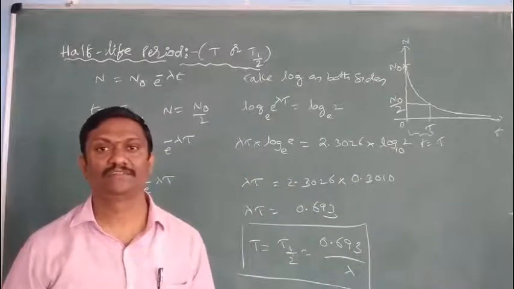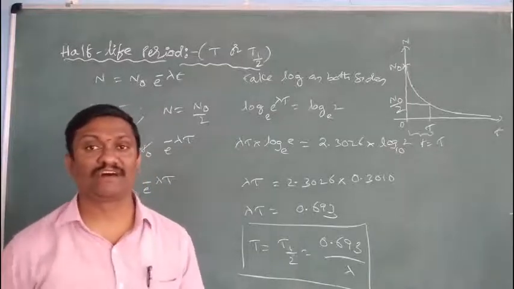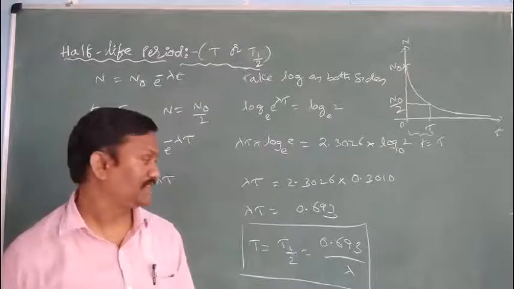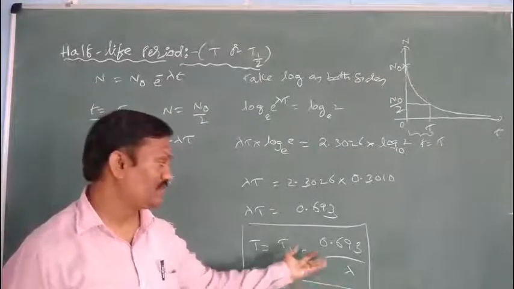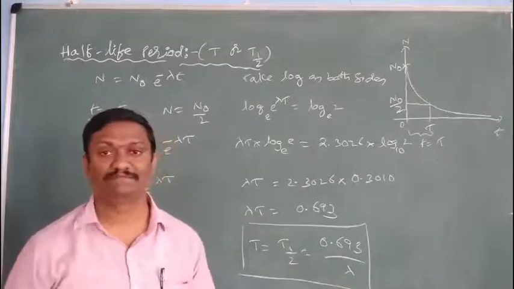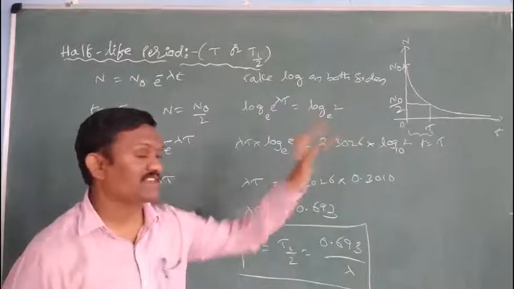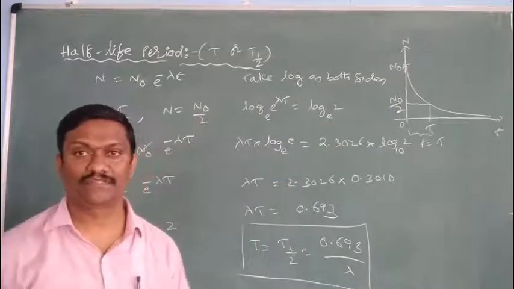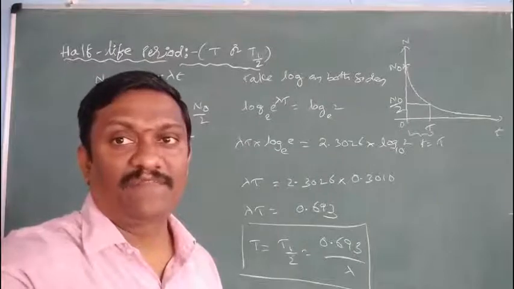Definition: the time taken by the radioactive substance to disintegrate half of its atoms. The final expression is T half equals 0.693 by lambda, where lambda is the decay constant. That graph is also important. So that is the concept of half-life period.